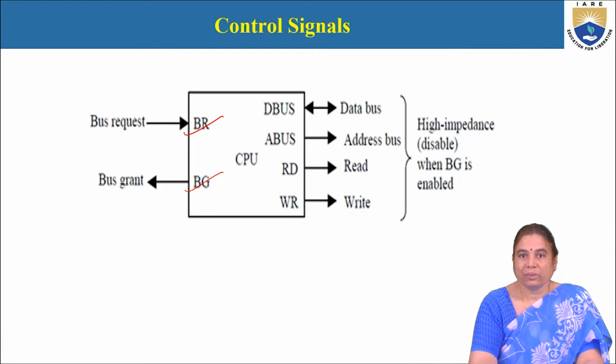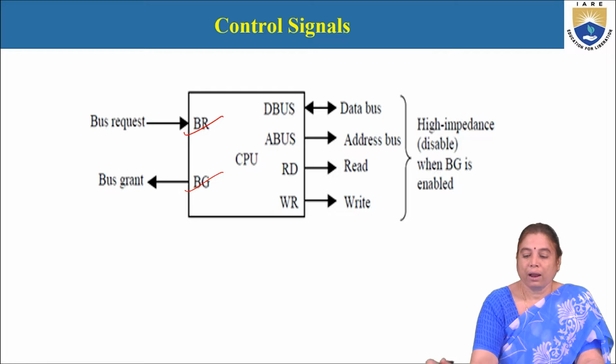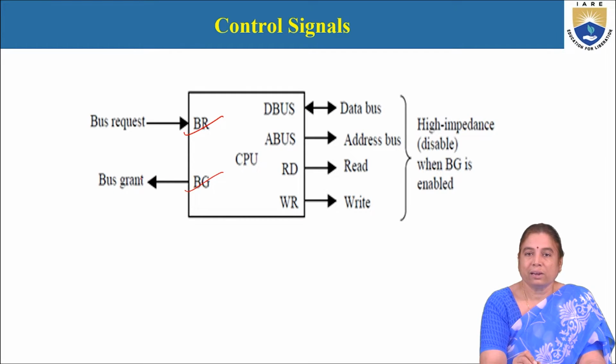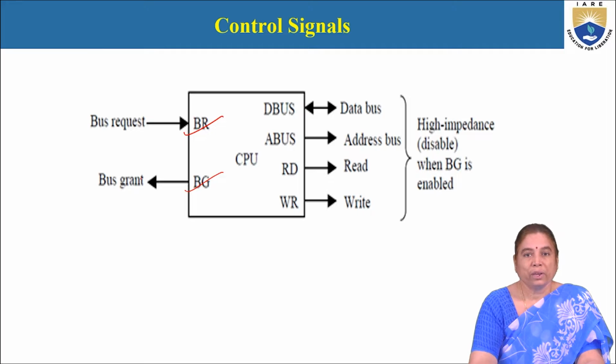So an open circuit is formed, and the CPU is disabled from the external circuit. After putting the circuit in the high impedance state, it can send a bus grant signal to the peripheral to communicate the input output data directly to the memory.